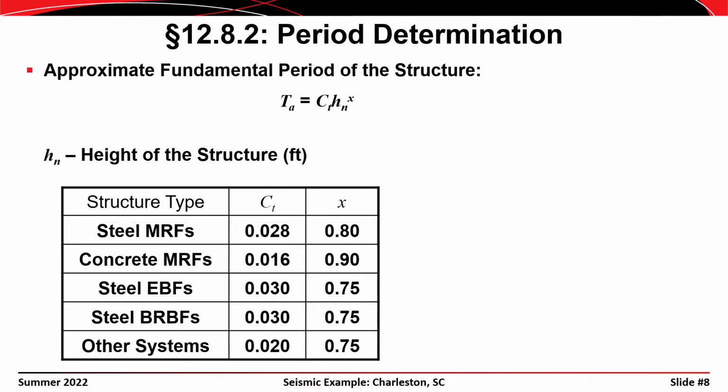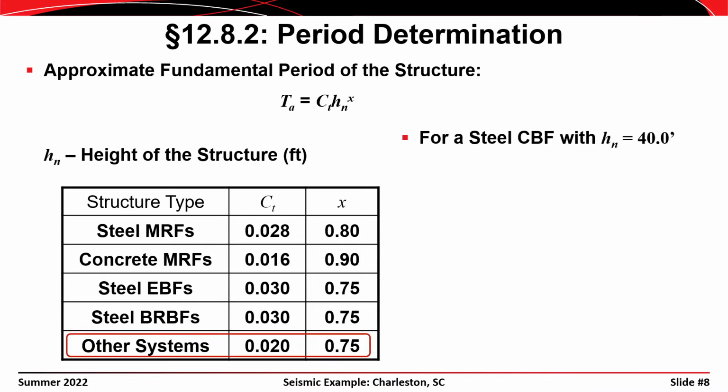To determine the appropriate spectral acceleration for our structure, we need to know what the period of our structure is. To determine that period, we're going to use the approximate period given in section 12.8.2 of the 2016 edition of the ASCE7 standard, where the approximate fundamental period is given as C sub t times h sub n to the x power.